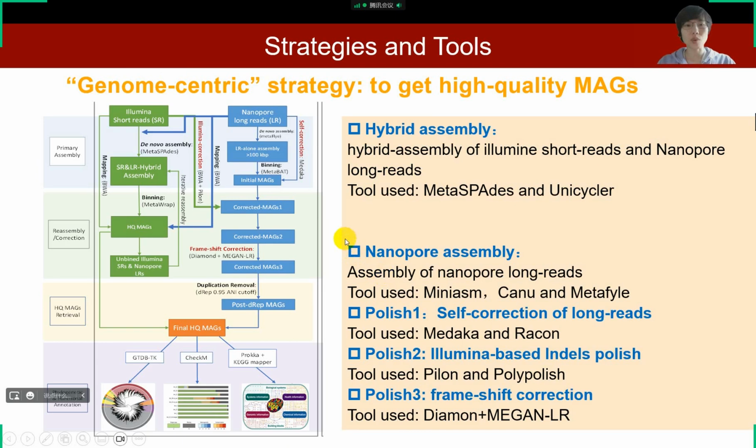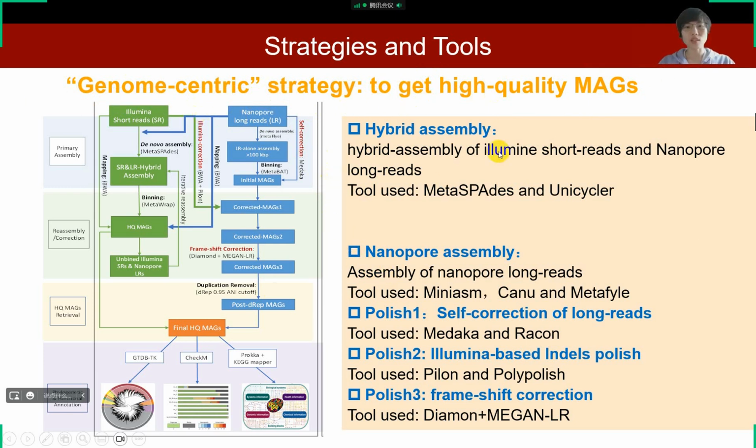For the strategy part, the first strategy is known as the genome-centric strategy, which is based on the de novo assembly of the metagenomic dataset. The target of this genome-centric strategy is to get the high-quality MAGs of the populations of a community. This can be achieved by two paths.